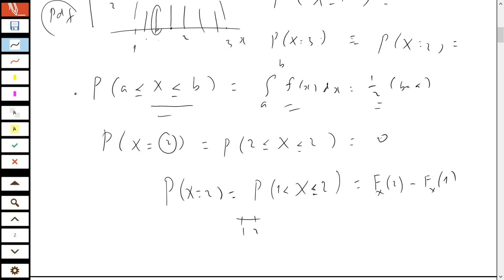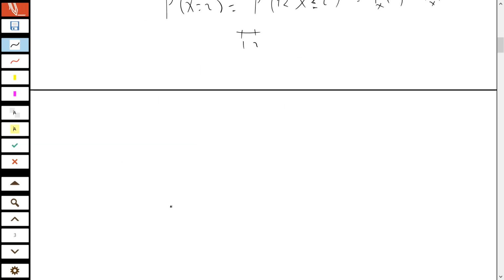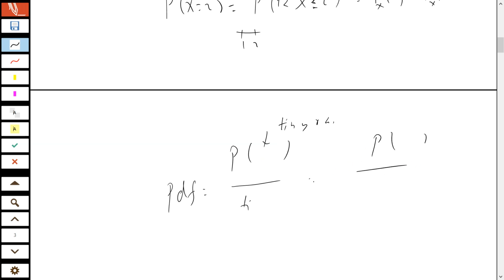And what was the definition of PDF? If you recall, the PDF was actually the probability in that tiny range divided by the tiny range. So you can think of it as the probability in that delta x divided by delta x, and that is why we're calling it density, right?